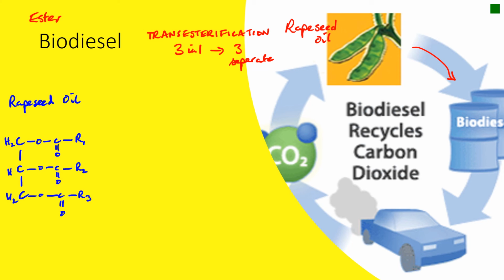And this trans-esterification reaction involves using methanol, CH3OH, and when we react that with a sodium hydroxide catalyst, then what we do is we split up that triglyceride into 3 separate esters, and the 3 separate esters look like this.